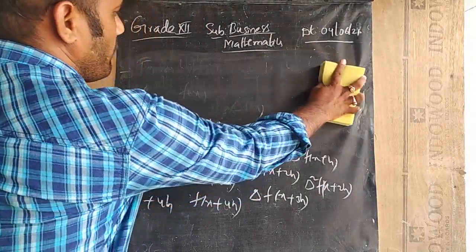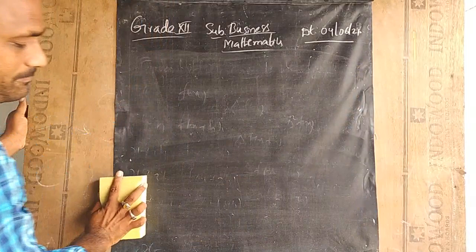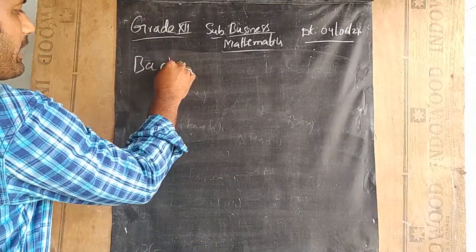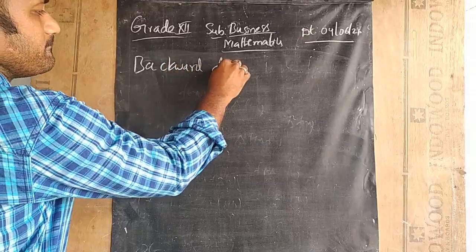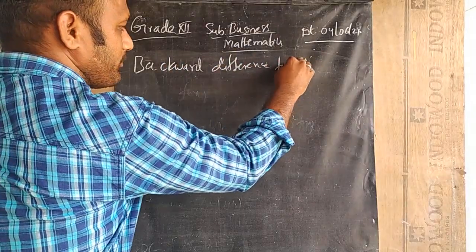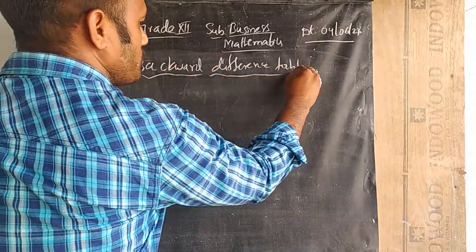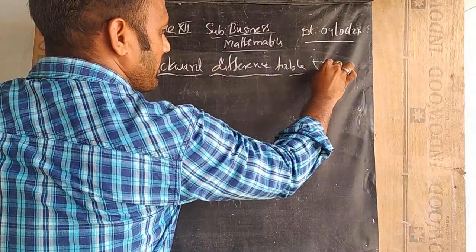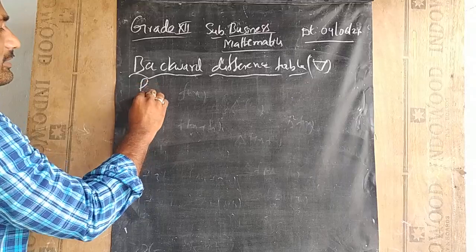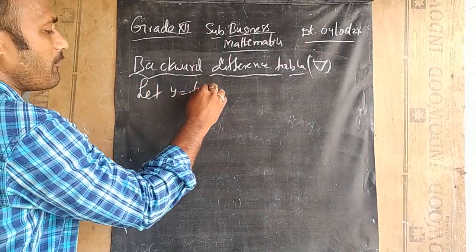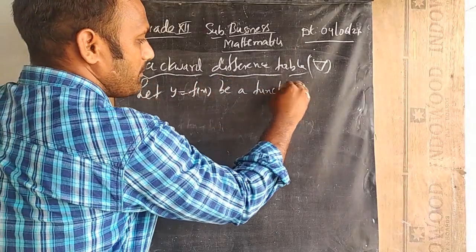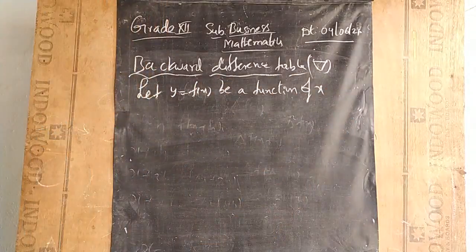Now let us talk about the backward difference table. It is exactly the reverse of that. The backward difference operator is denoted by reverse of delta. Let y is equal to f of x be a function of x.